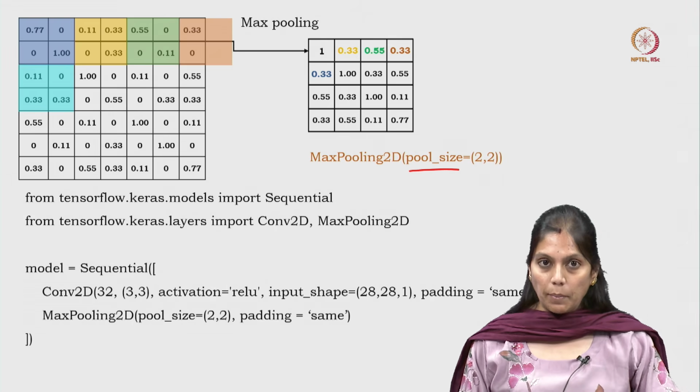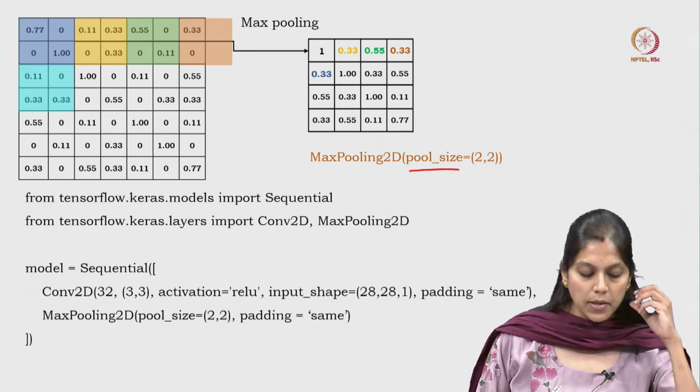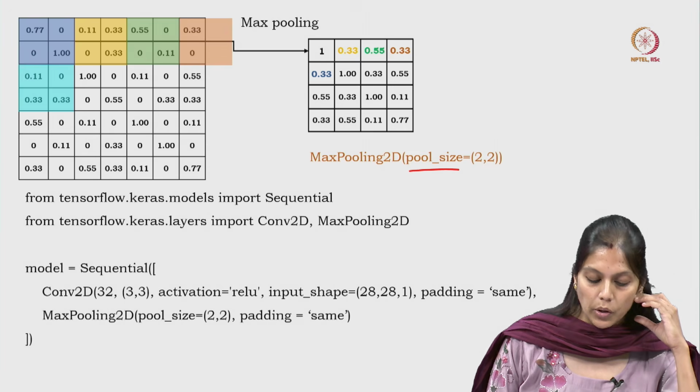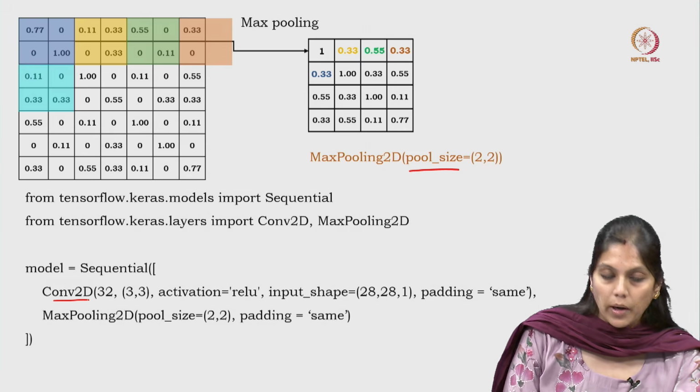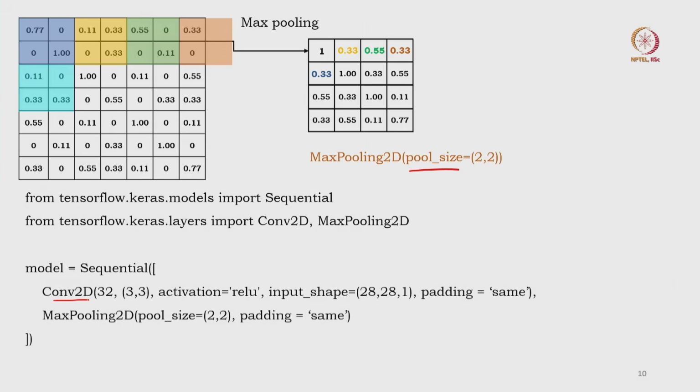When you are implementing it, see how we are going to implement it. First, you require a Conv2D because you have to perform a convolution operation. You require an input, which is 28, 28, 1. You require a ReLU activation function. We require padding equal to same, which means we are applying padding.